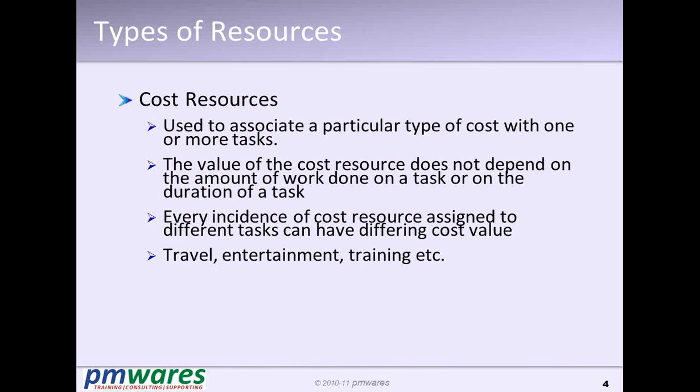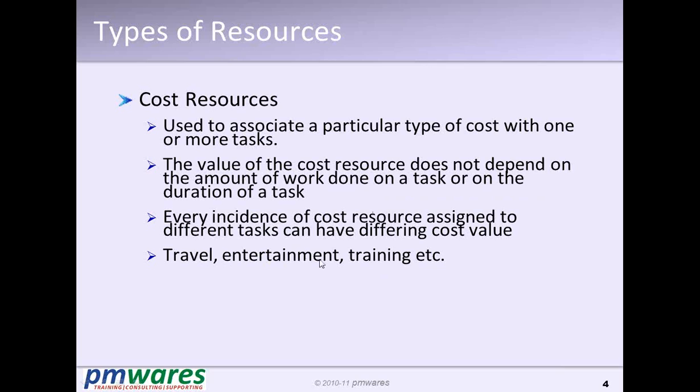So the last is the cost resources, and the cost resources are resources which, in a plain definition, cannot be categorized as work or as material. Basically, cost resources are incidental expenses which cannot be categorized either as work or as material.